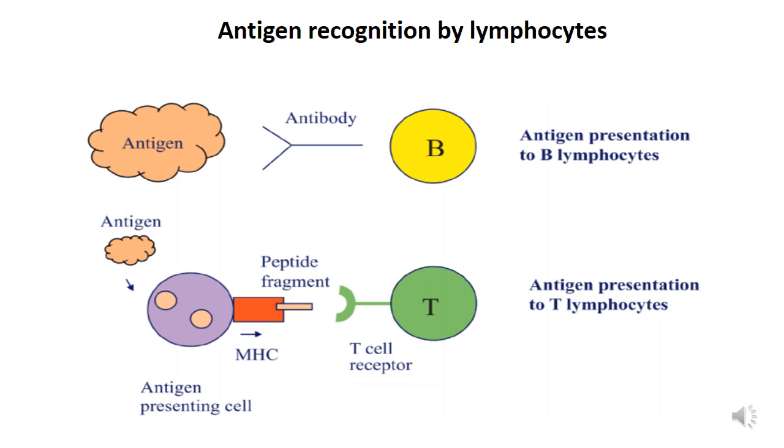However, look at the T lymphocyte. It cannot bind and recognize the antigen directly. This recognition should be done through a cell that we call an antigen-presenting cell.